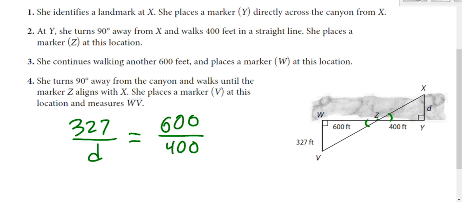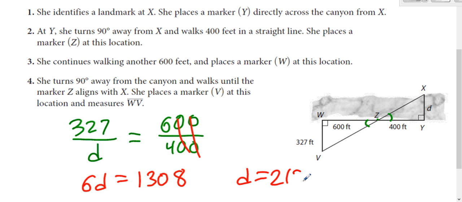If you don't like working with large numbers, you can reduce this first. 600 over 400 could easily reduce to just 6 over 4, and the numbers are a lot smaller. So 6D equals 4 times 327 is 1,308. Divide by 6 and you get 218. So the canyon is 218, it's all measured in feet, 218 feet.